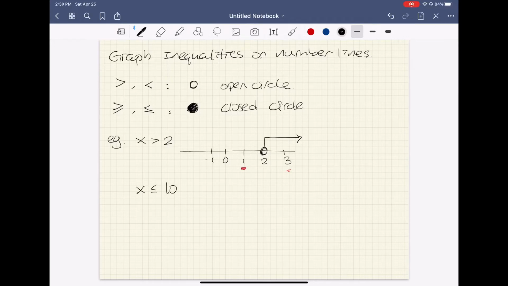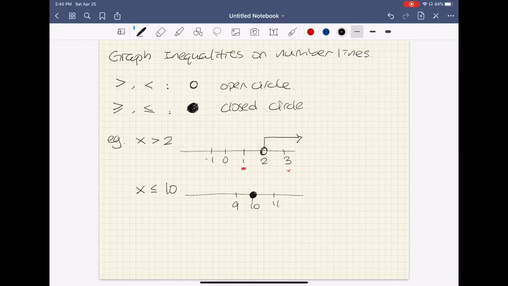Okay. Let's try one more. x is less than or equal to 10. So again, we'll have a number line. Let's do 9, 10, 11, etc. Okay, so this time our inequality sign is less than or equal to. So which circle do we use? We'll be using the closed circle.